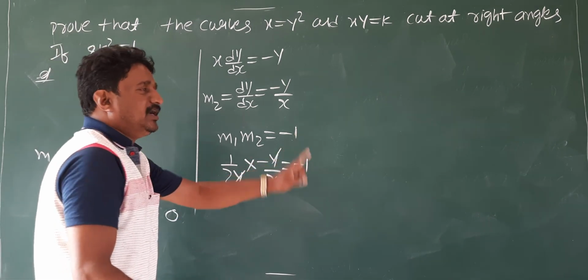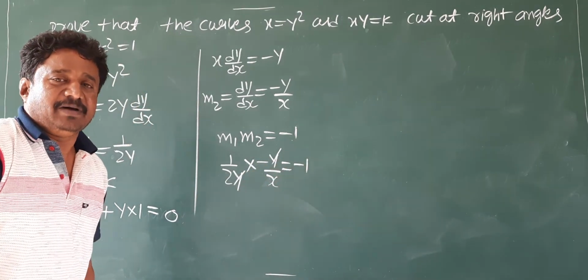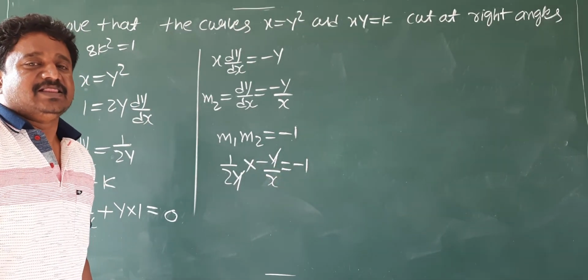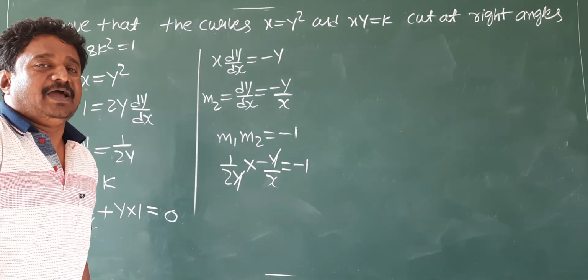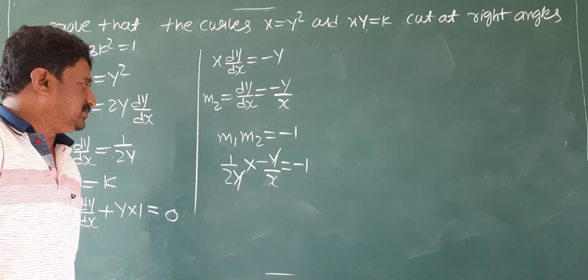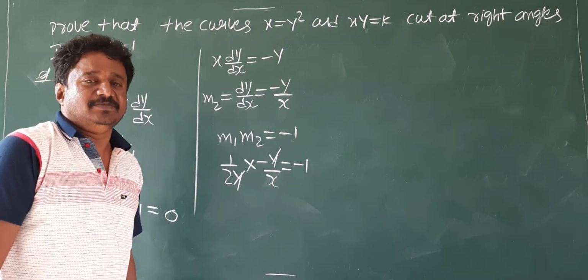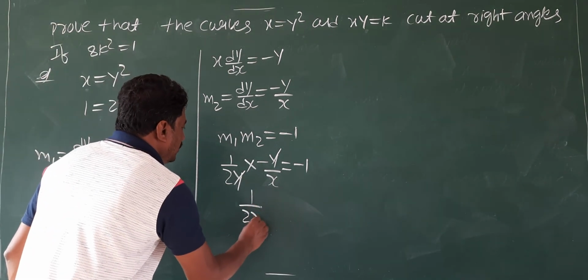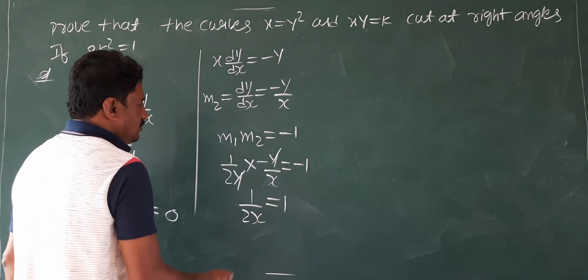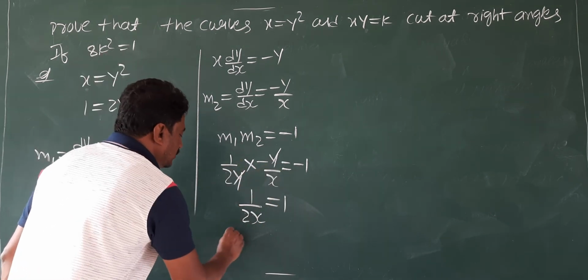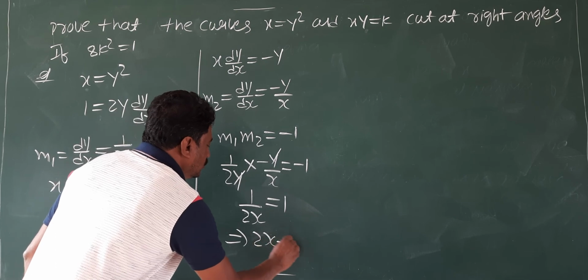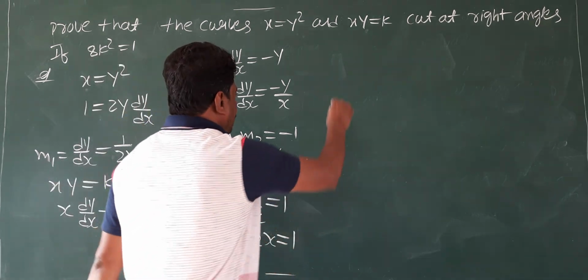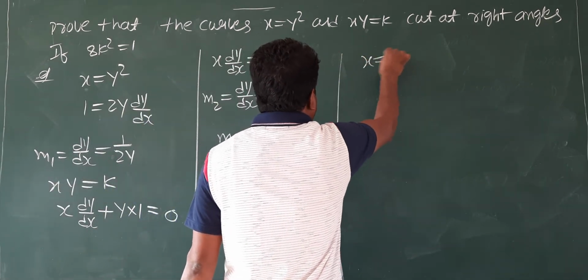On both sides minus gets cancelled, that is, multiply both sides by minus. Minus becomes plus. So 1 by 2x is equal to 1. That implies 2x is equal to 1, x is equal to 1 by 2.